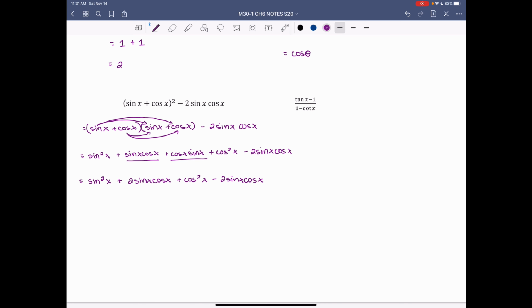And then we see that we have plus sine x cos x and minus sine x cos x, so those add to 0, and we are left with sine squared x plus cos squared x. But we just saw in the last question on our formula sheet, sine squared x plus cos squared x equals 1, so the whole expression simplifies down to 1.